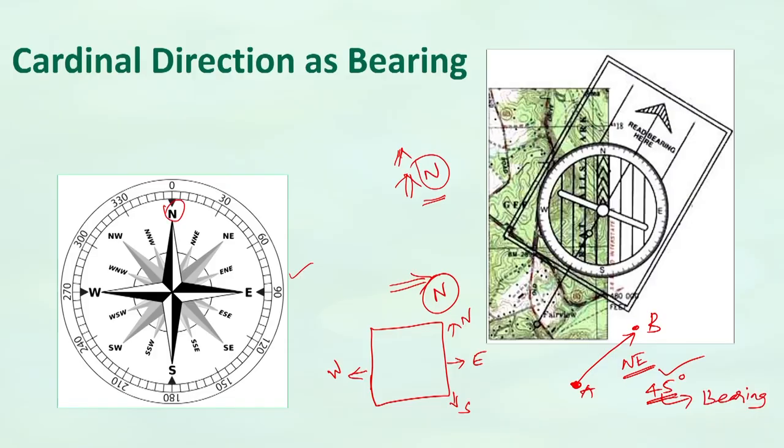Cardinal directions means 16 directions: 4 primary directions, north, south, east, west, and 12 other subordinate directions. These are called cardinal directions. If we say the direction in angle, like 45 degrees, 180 degrees, 90 degrees, then that is called bearings, right.